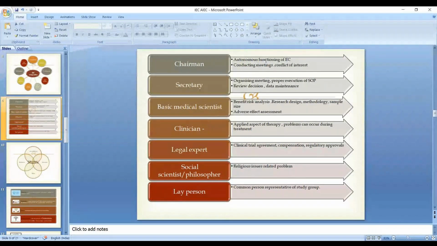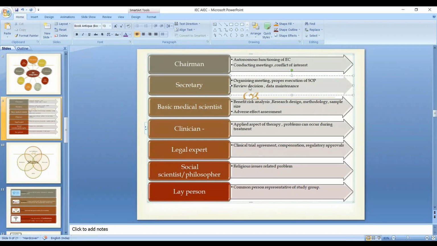Secretary has to organize the meetings, and whatever the SOPs of the ethics committee, they have to be properly executed. जो भी minor corrections अगर बताए जाते हैं, so after the meeting they have to be reviewed, and the secretary will take care of all that.